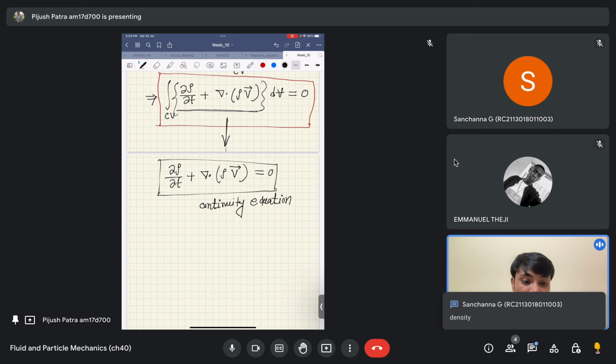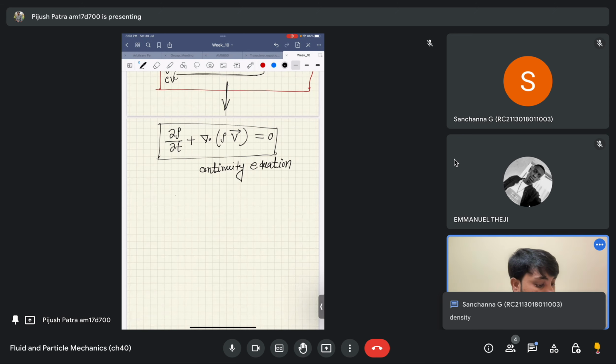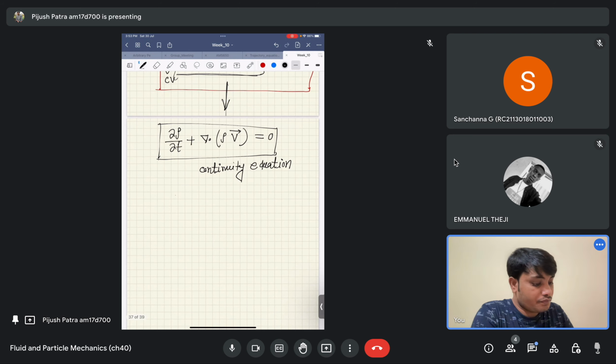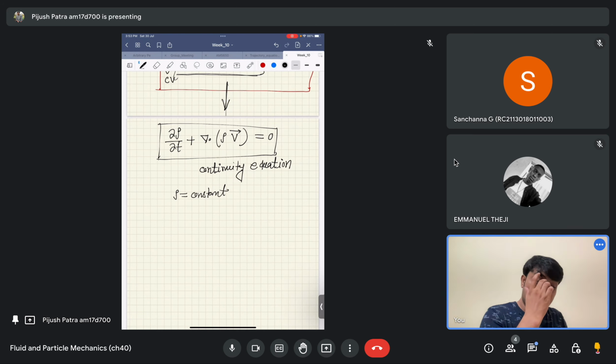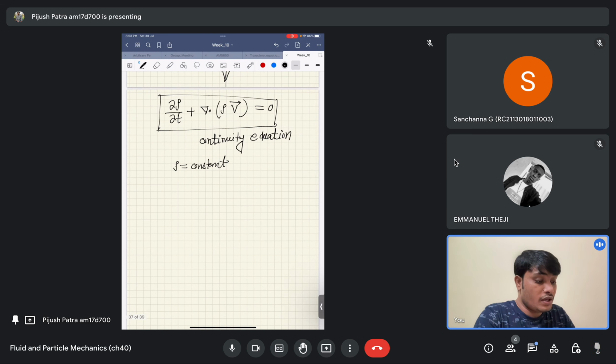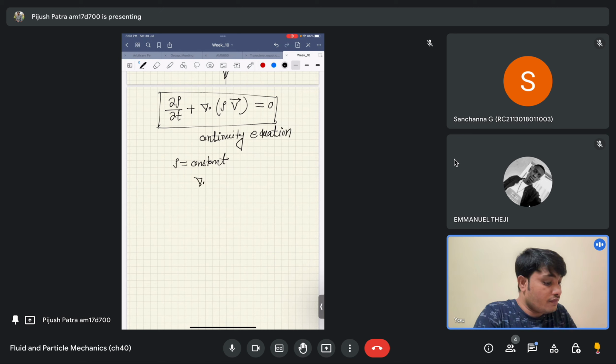You have to keep that in mind. So if you take rho equal to constant, what will this quantity look like? It will be simply divergence of v equal to 0.